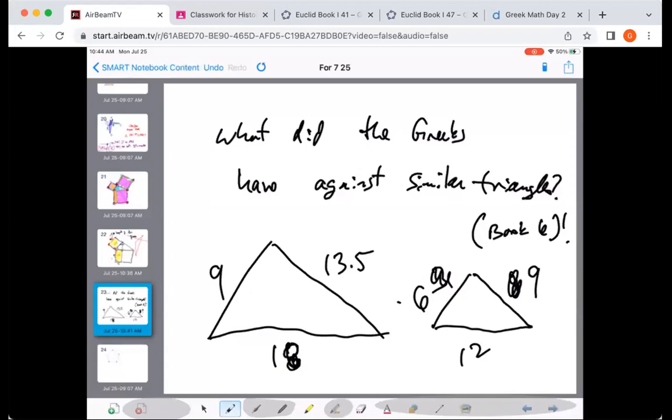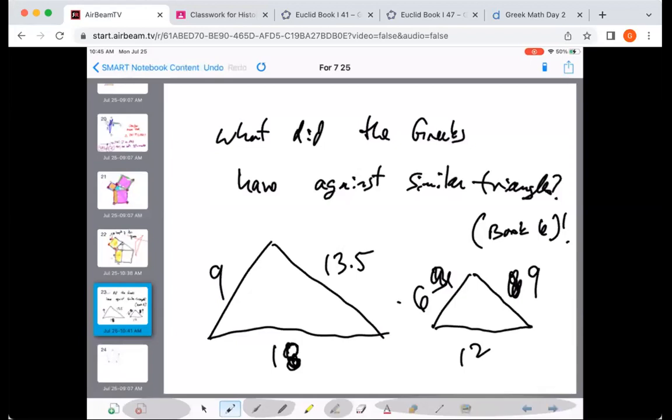Now, when they talk about similar triangles, the proportion should be the same. Yeah, each one's 1.5 times the other.